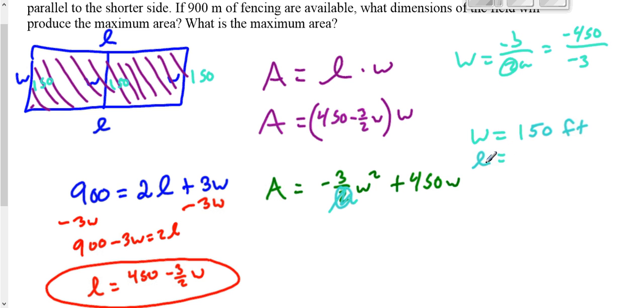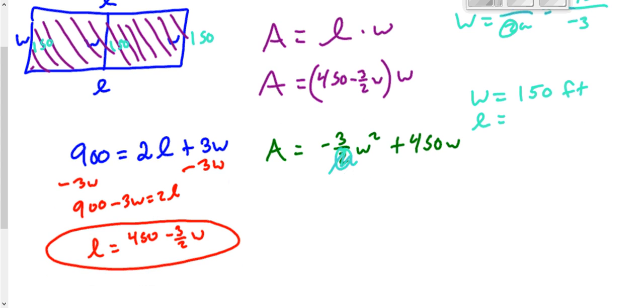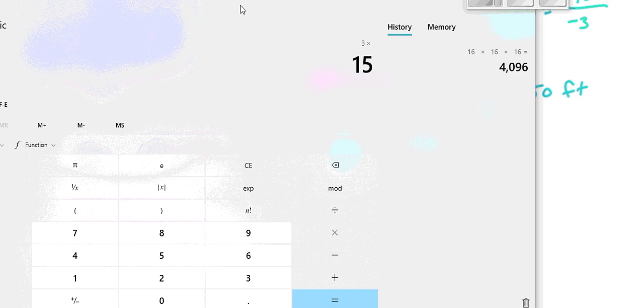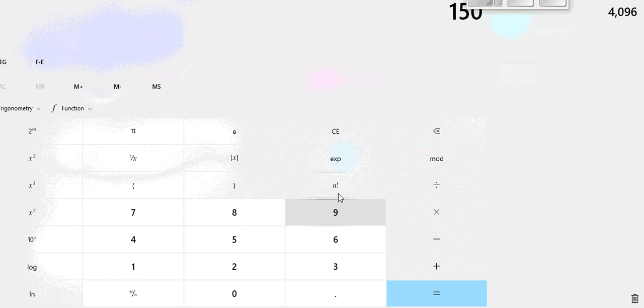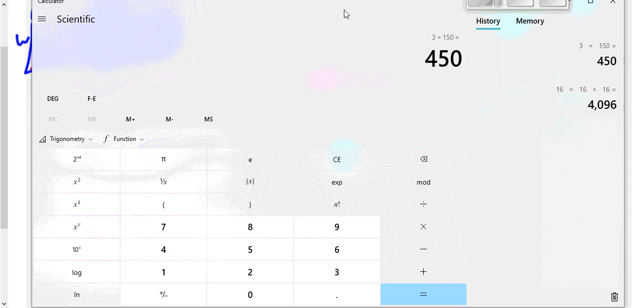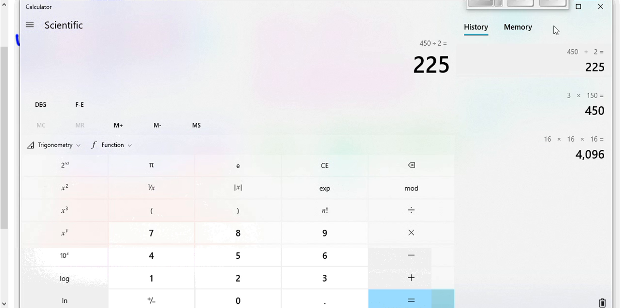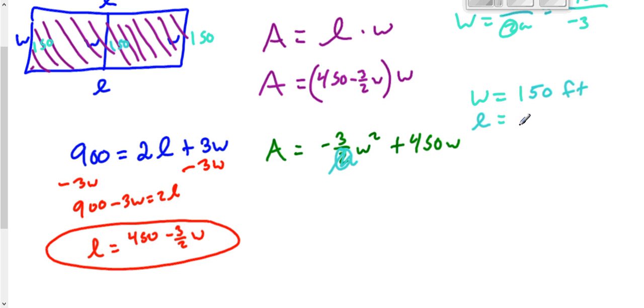Length is equal to this equation. So I'm going to take 3 times 150. Oops. We don't want it to be that large. 450. Divide that by 2. So the lengths are going to be 225 feet long.